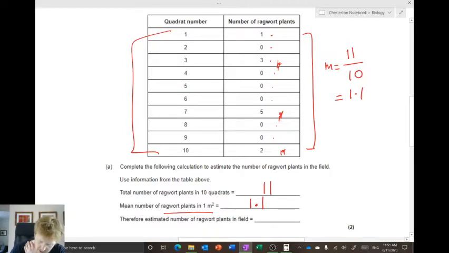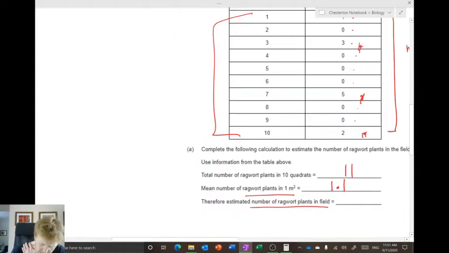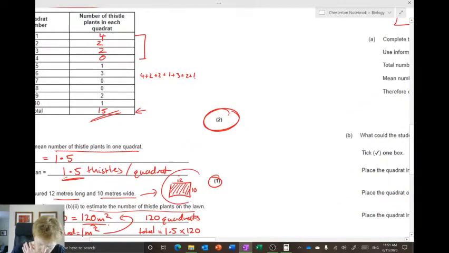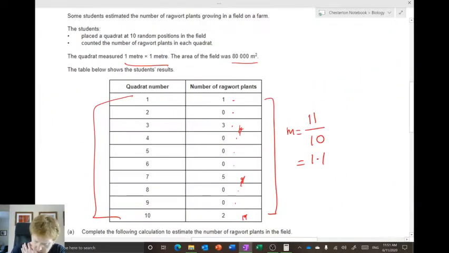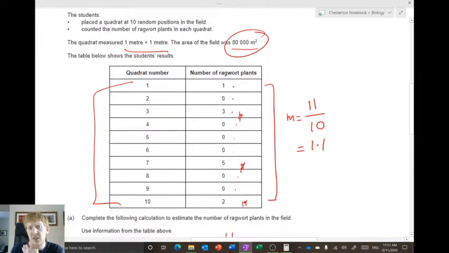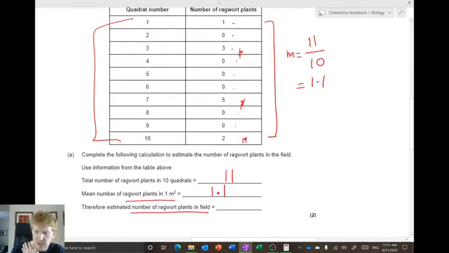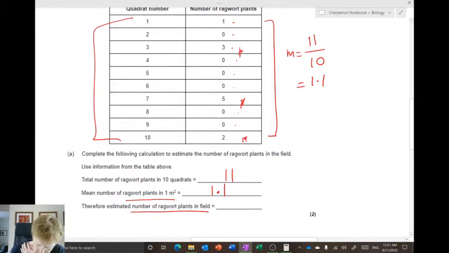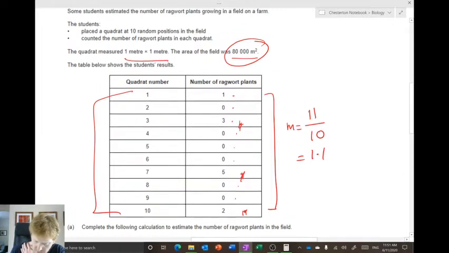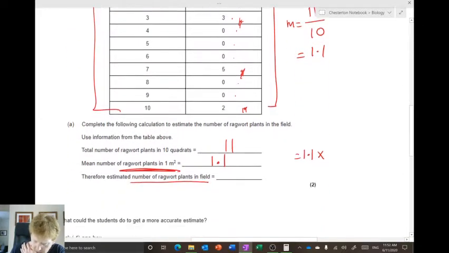Therefore, the estimated number of ragwort plants in the field. Before, we calculated the area of our field, but here they've actually given us the area, so we don't need to do much more. All we need to do is take our mean number per meter squared, which was 1.1, and multiply it by the area of the field, which in this case is 80,000.